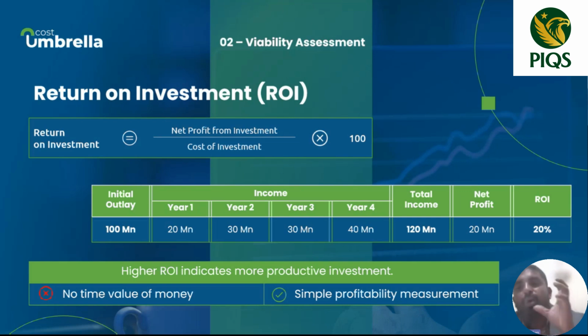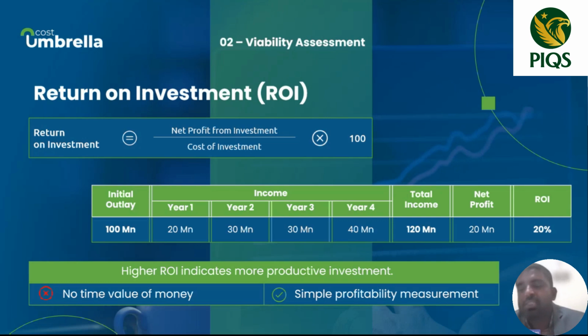That means you are consuming the same amount by giving more money, right? That means with time, money value decreases. But whether it's payback period or return on investment, we haven't considered that.